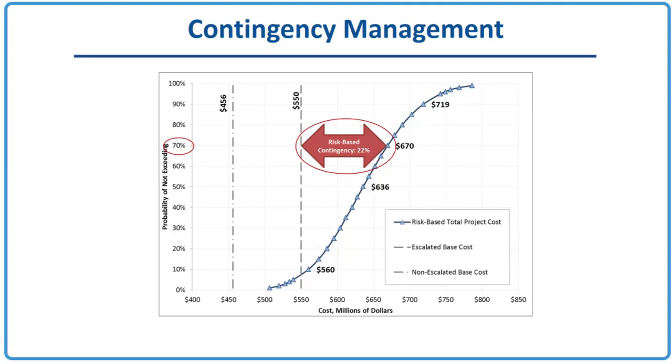Typically, projects are programmed at the 70% confidence level, which shows an estimate of $670 million, which results in a 22% contingency. So the idea here is to develop risk mitigation strategies to reduce that percentage to as low as you can, and the additional funding that's available from those mitigation efforts can be recycled back into our work program to fund additional projects.